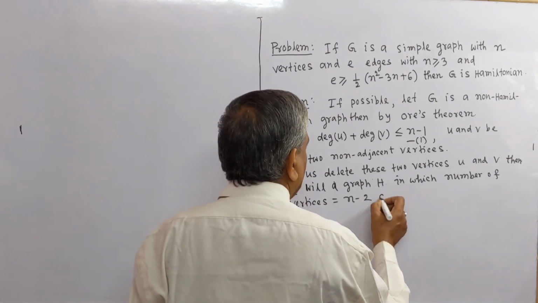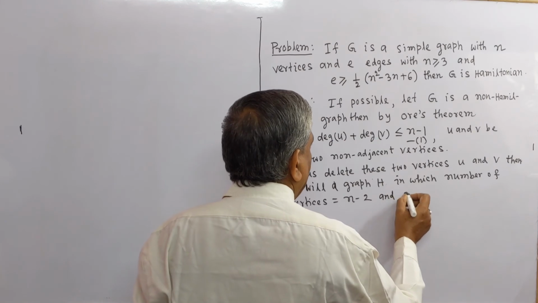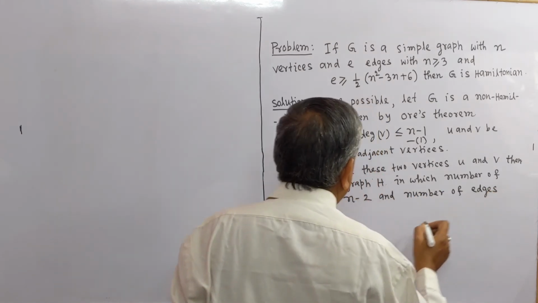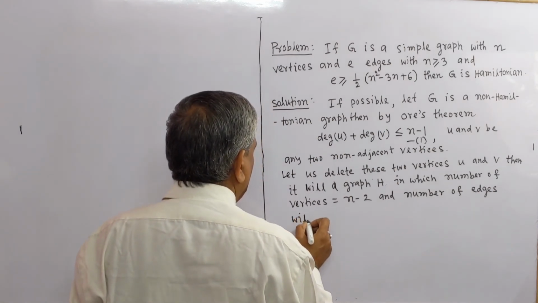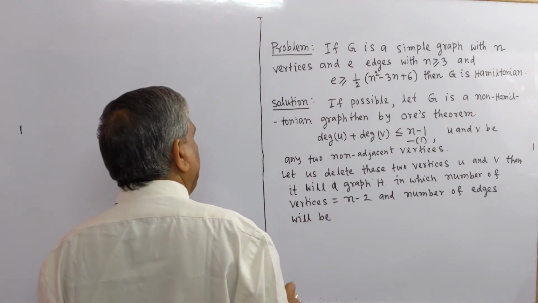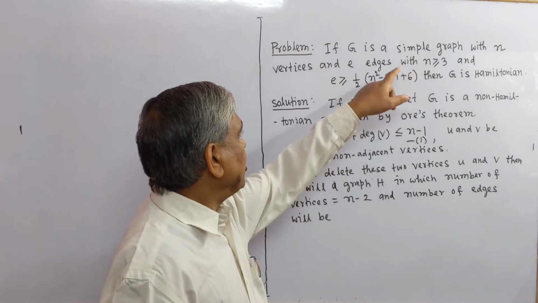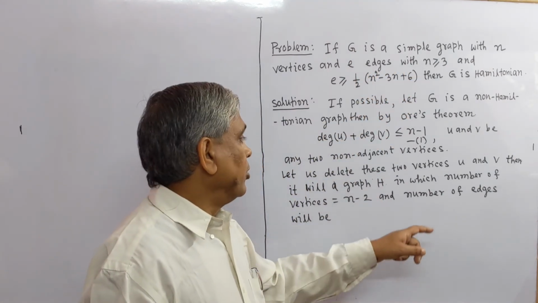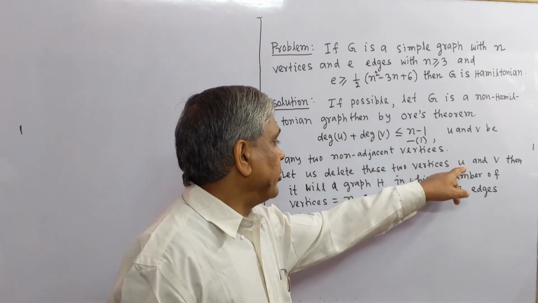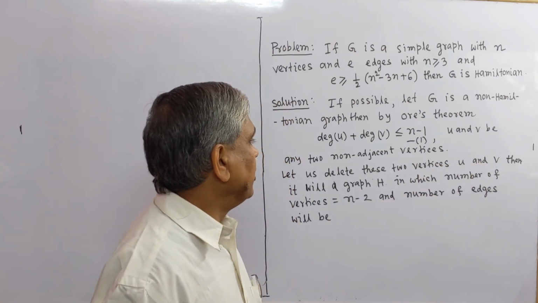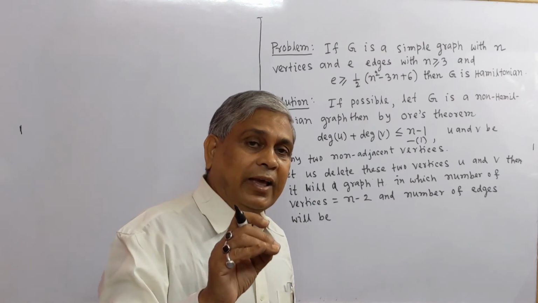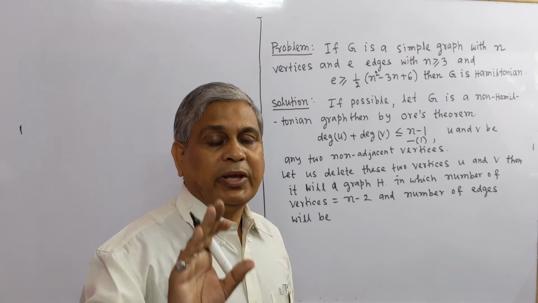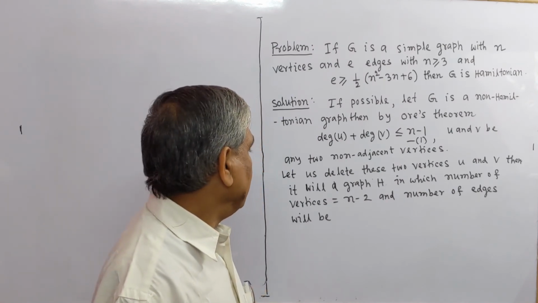And the number of edges will be, firstly we have number of edges E, and for the deletion of vertices u and v, the edges connecting with vertices u and v will be deleted.